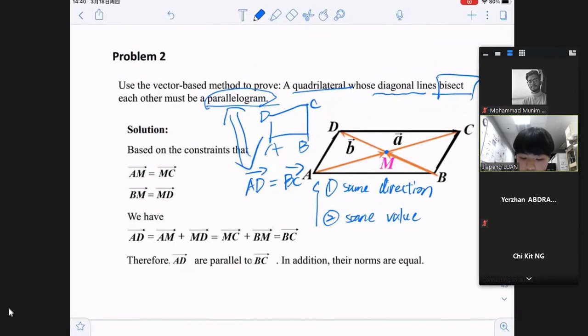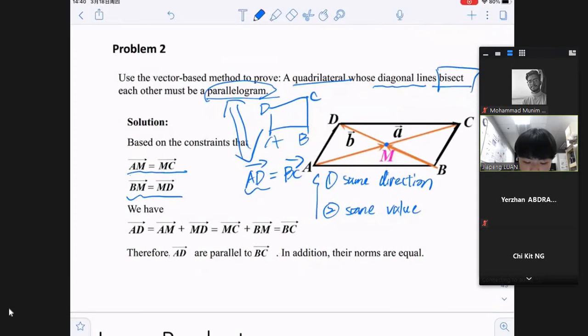And then you can see that if the two diagonal lines bisect each other, that means if you say this point is M, then AM equals MC. They not only have the same value, but also have the same direction. And also BM equals MD. So if you want to prove AD equals BC, then from these two equations you have to get this.